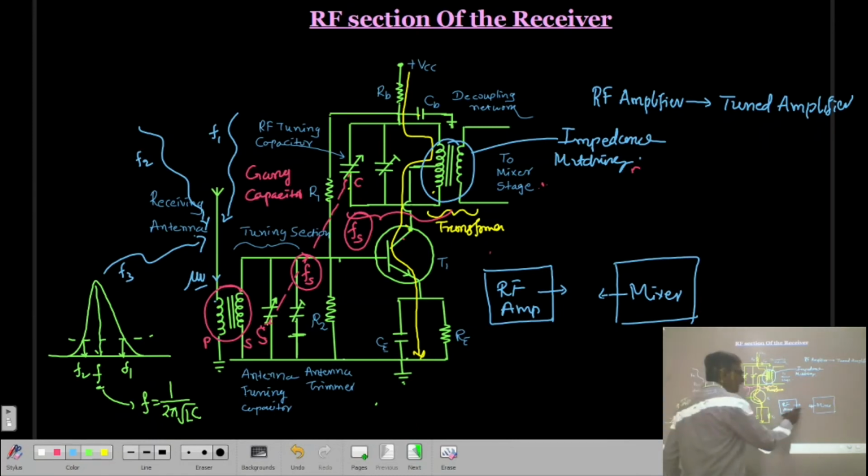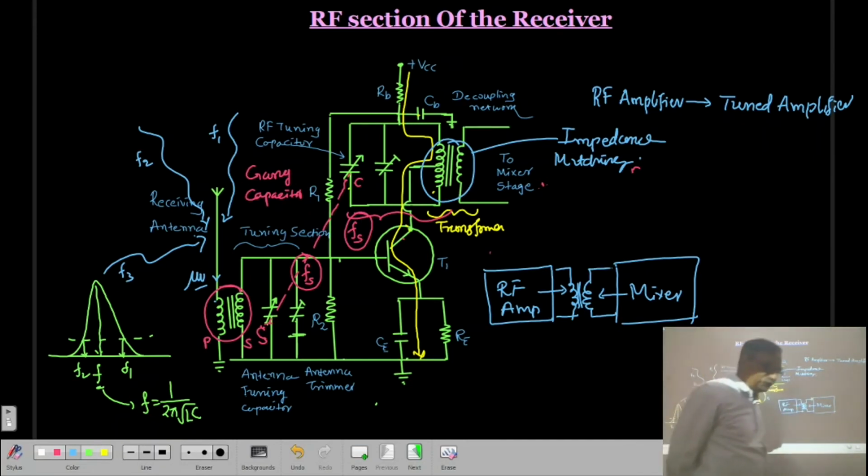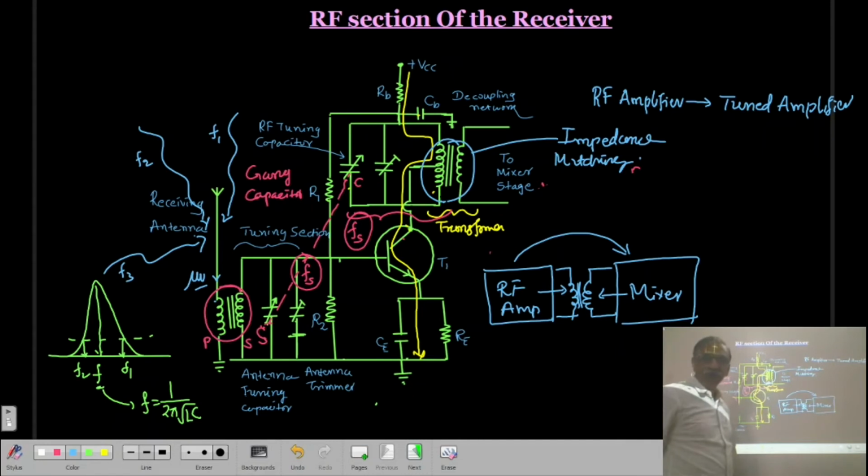So to match this impedance, we are connecting a transformer between the mixer stage and the RF amplifier. So without any loss of the signal, without any kind of distortion, your amplified signal will be transferred from the RF amplifier to the mixer stage. That is the purpose of using a transformer in the output of the RF amplifier, and this signal is given to the mixer stage.